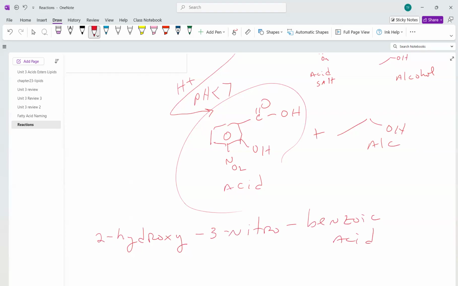This could also be nitric. Base is benzoic acid.